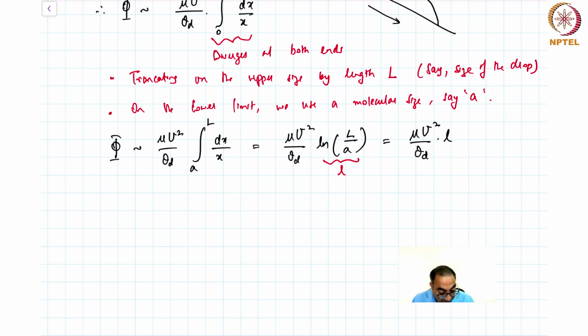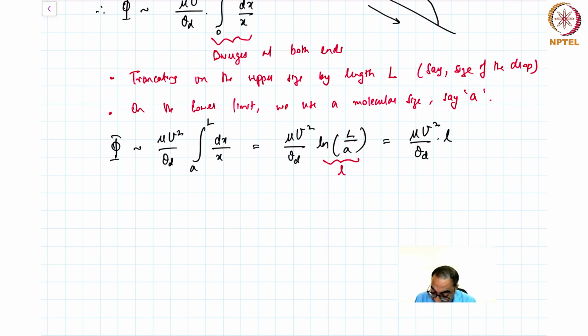It can further depend on the velocity itself, and it could depend on the angle theta d itself, and there is some evidence apparently for the dependence of L on the velocity, but we will stick to the simple version that we have here. And therefore we have now an expression for the dissipation involving velocity and theta d, right?